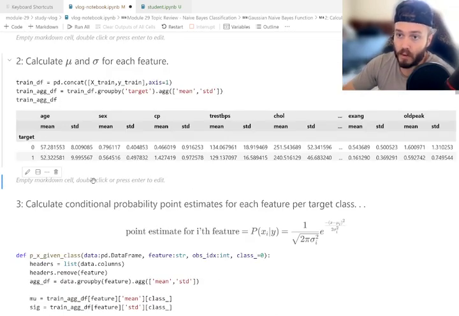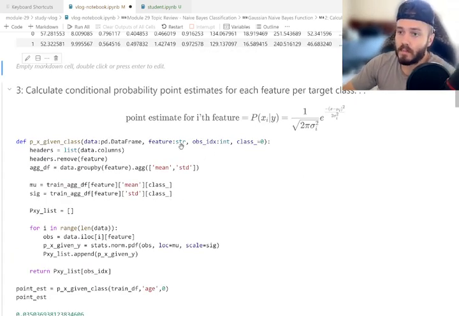So if you're doing this for age or sex or CP, or Trest BPS, cholesterol, and probably whatever all that means, you're telling the function which feature you want to do this for. You give it a particular observation point, so an index, a row that you want to do this for, and the class that you're trying to predict, which defaults to 0, but you can change it to 1 if you want.